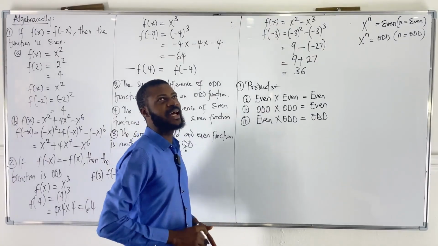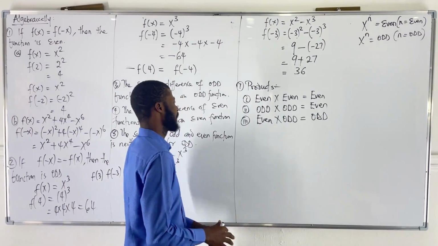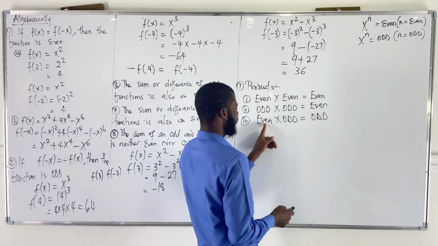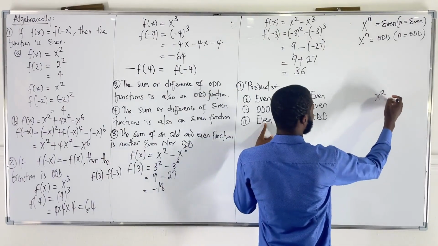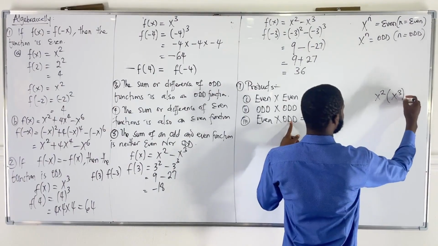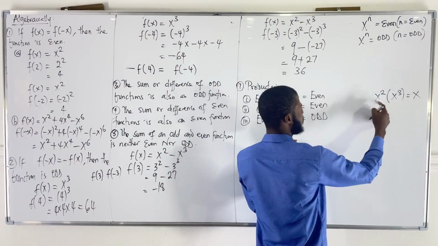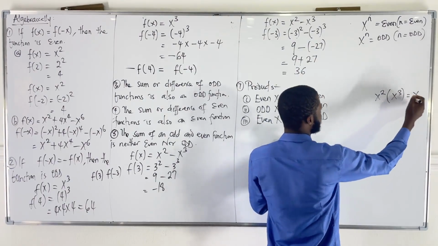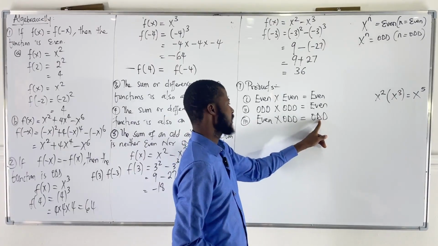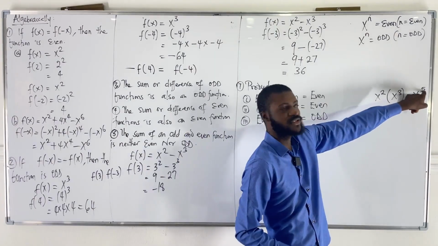If you have an even function x squared multiplying an odd function x cubed, this will now become x. You know you are multiplying the same base, so you need to add the power. 2 plus 3 will give you 5. So that's why it's odd. So you can see that an even function times an odd function will give you an odd function, x to the power of 5.